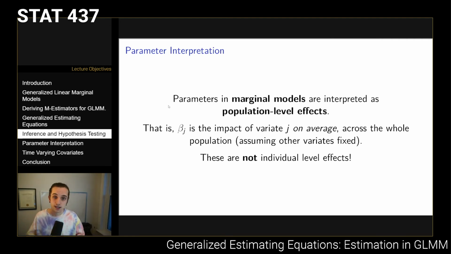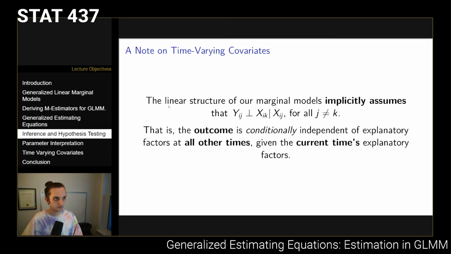If you want to know how many new cases of COVID are going to be in a particular region, you're probably modeling that based on the average across the region, based on the region's parameters. And if two regions have very similar population structures, whatever factors you might be including in that model, then you're going to say they're going to have a similar expected number of cases and so forth, right? So parameters have to be interpreted at the population level.